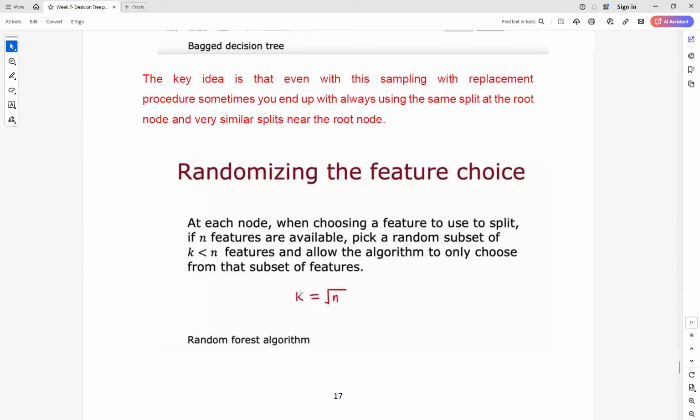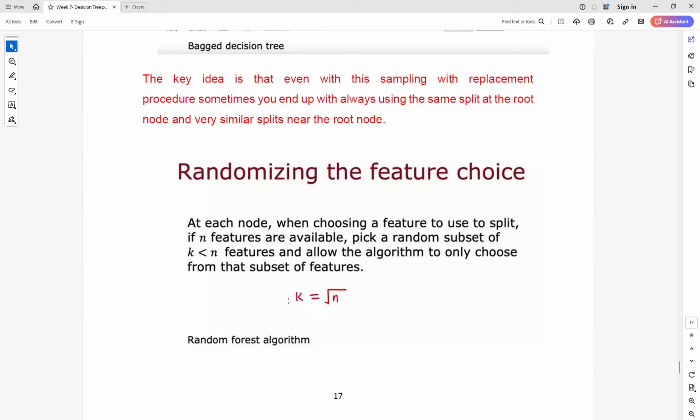And usually the k, for example, is the square root of n. So let's say you have 16 features, right? The number of features is 16. Then get the square root of 16, and k is 4.